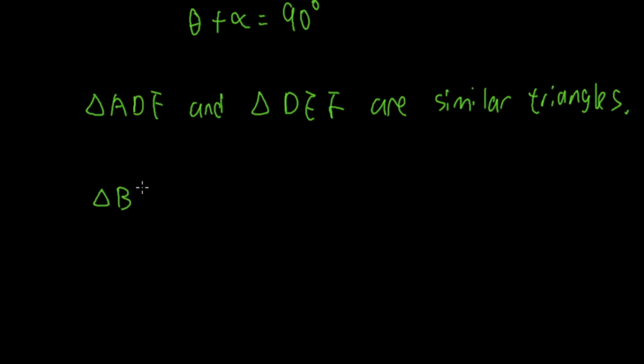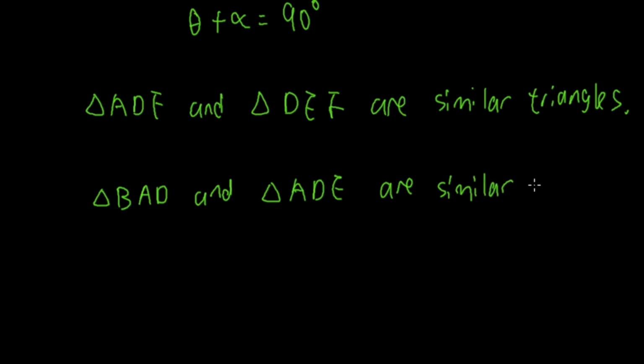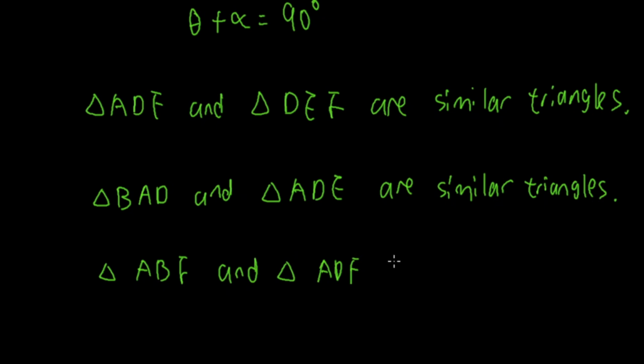Triangle BAD and triangle ADE are similar triangles. And triangle ABF and triangle ADF are similar triangles.